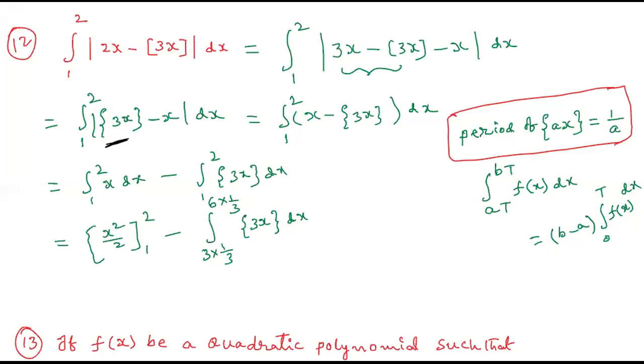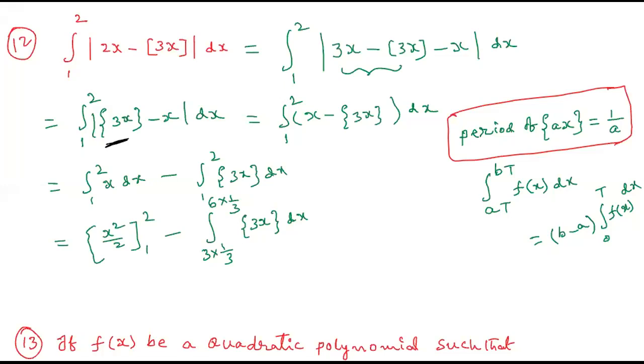We know the formula: integration from a to b of f of x dx, where T is the period of the function, is equal to (b minus a) by T times integration 0 to T of f of x dx. So here also, the period of floor of 3x is 1 by 3.